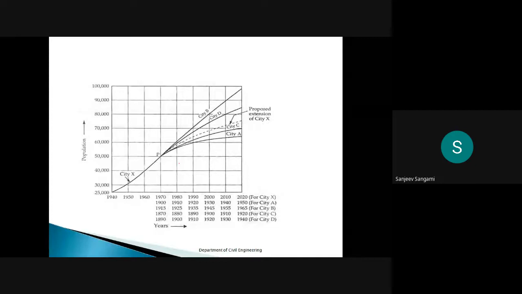So consider the population of the city A. You can see this is the line that has been plotted for the population of the city A.